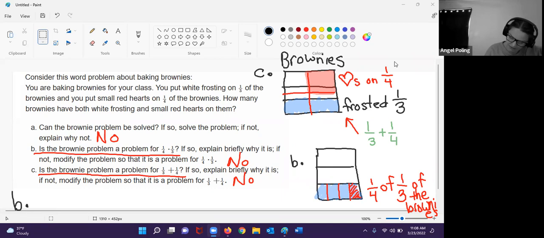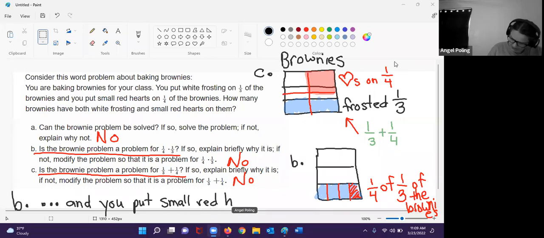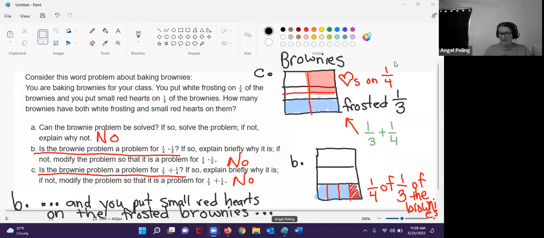You put white frosting on a third of the brownies and you put small red hearts on the frosted brownies. Dot, dot, dot. So we've modified the word problem with this sentence here.